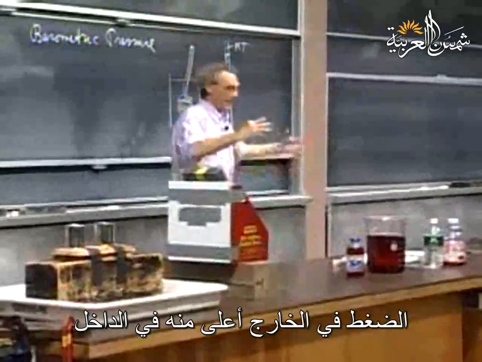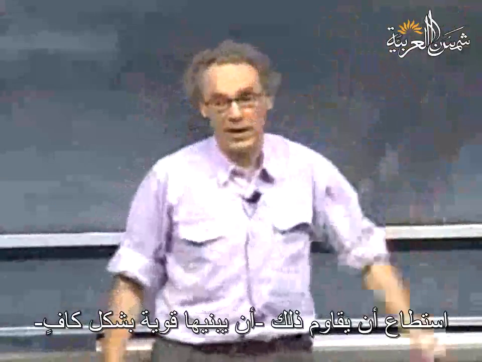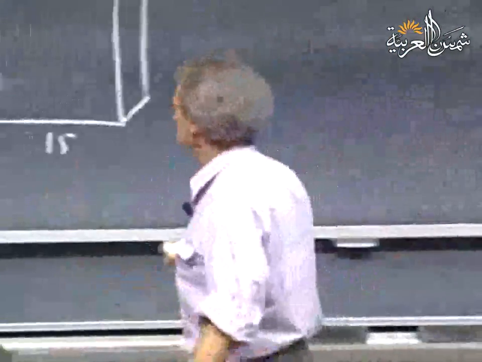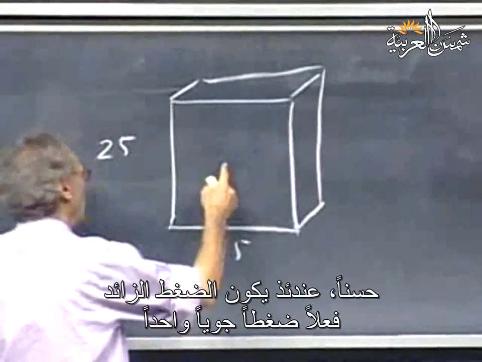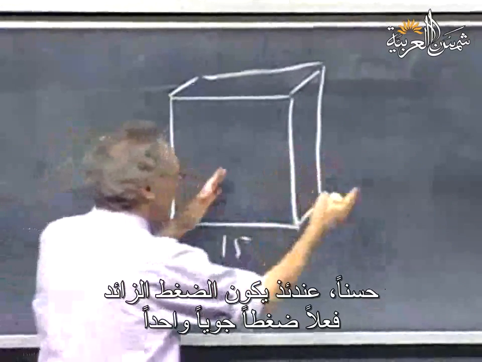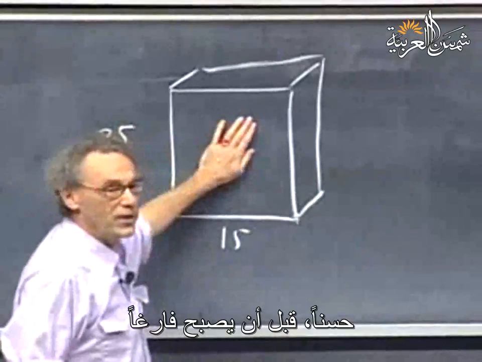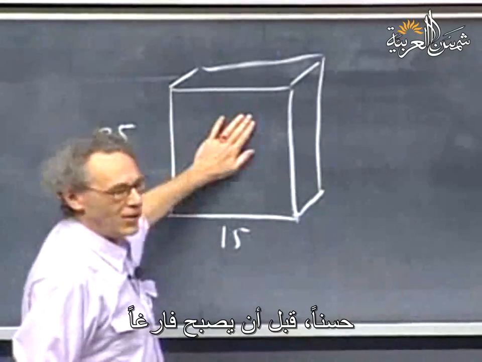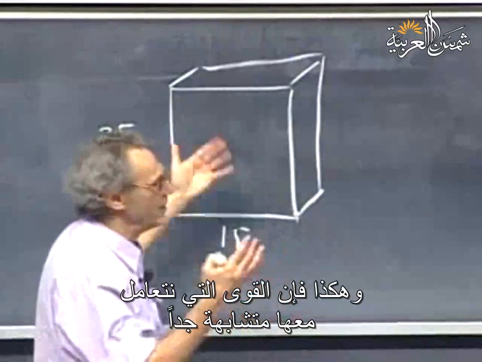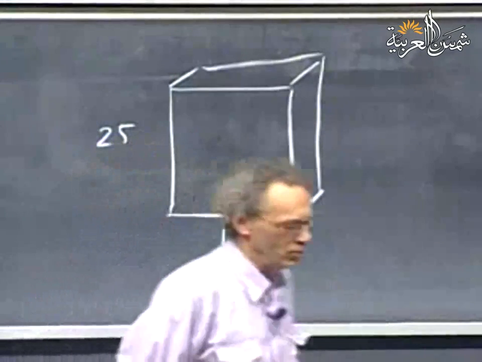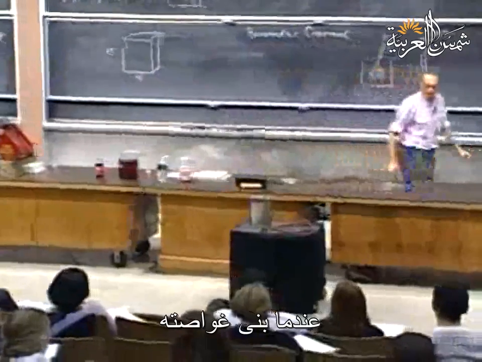Pressure outside is higher than inside. You get an implosion. He managed to counter that, to build it strong enough. When we take out the air here, you can argue, well, then the overpressure is really 1 atmosphere, and he only dealt with half an atmosphere. Well, before we reach this to be vacuum, believe me, it already implodes. So the forces that we're dealing with are very comparable to what Van Drebel was dealing with when he built his submarine.